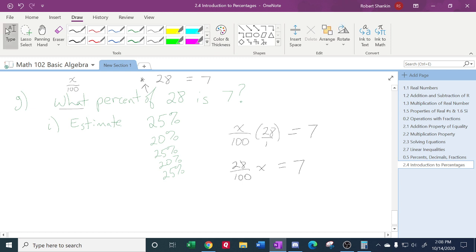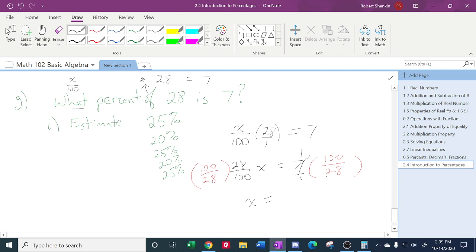Now we've been working on these kind of equations for a while in practice quizzes and such, and to solve that, instead of dividing both sides by 28 over 100, I multiply by the reciprocal. Everything's going to cancel out, the hundreds and the 28s. You're just going to get x. Now this is going to cancel.